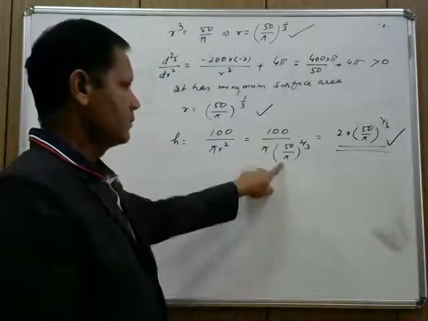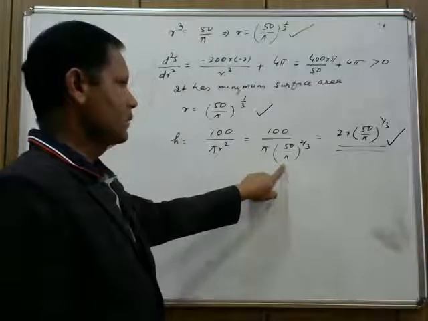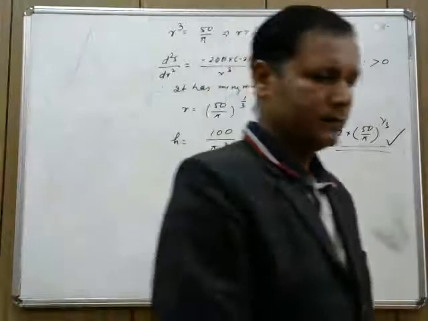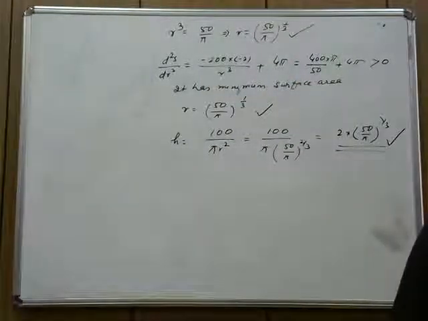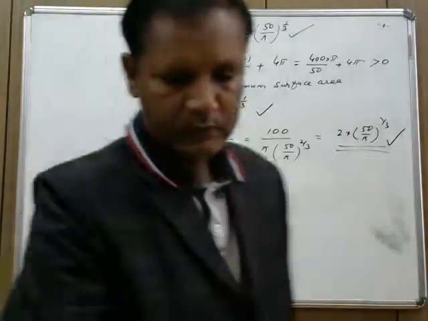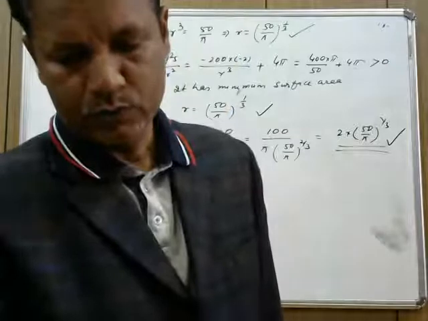Okay, take this power together, pi r square, and then we get 2 into 50 by pi to the power 1 by 3. Right. After this, we will have question number 22, 23.